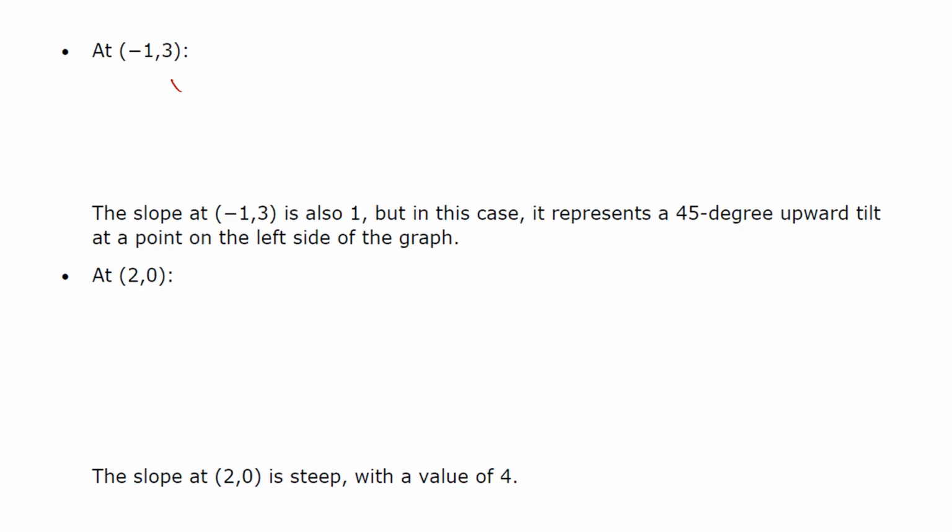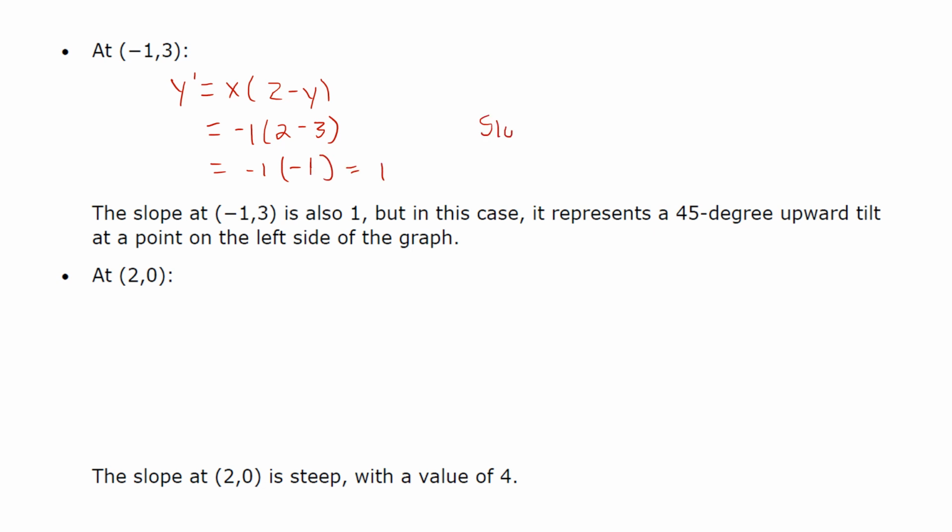Taking my next point and substituting it into my DE, x is -1, y is 3, so -1 times (2 minus 3), which is -1 times -1, equals 1.